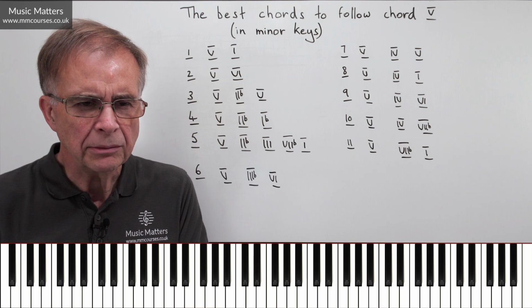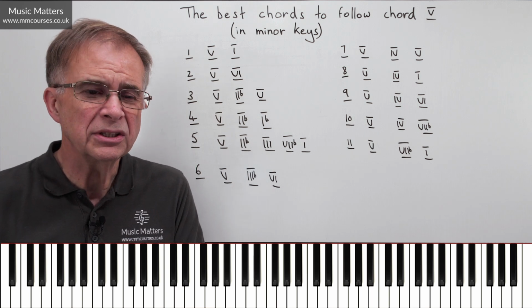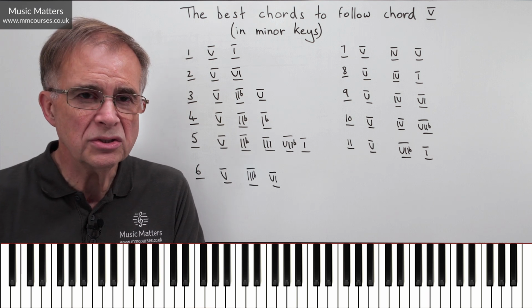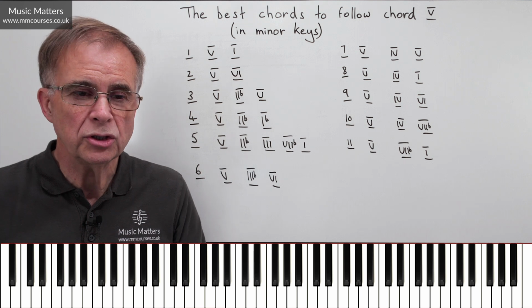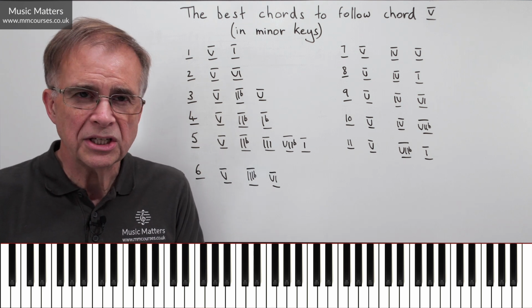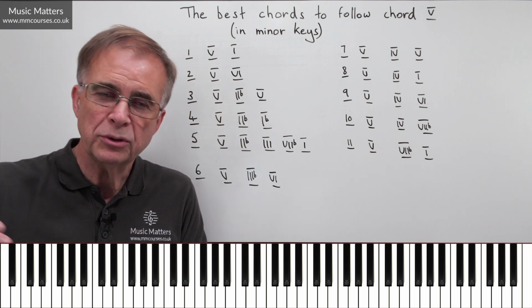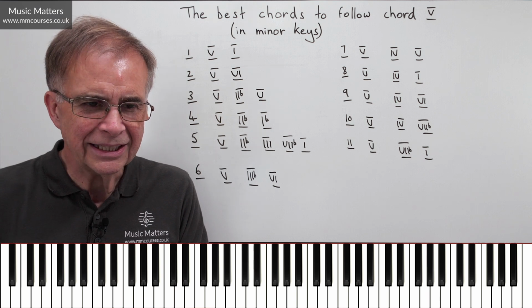Now that may seem slightly strange because chord 3 in a minor key is often the least likely chord to be used. If you do use it, you tend again to use it in first inversion because it's an augmented chord. But there's a reason for doing it in root position here, and it's simply to preserve this scale-like movement in the bass again.